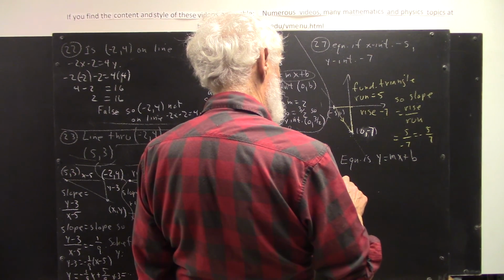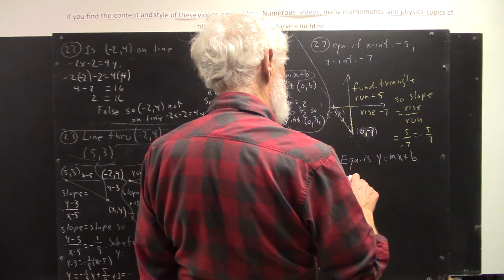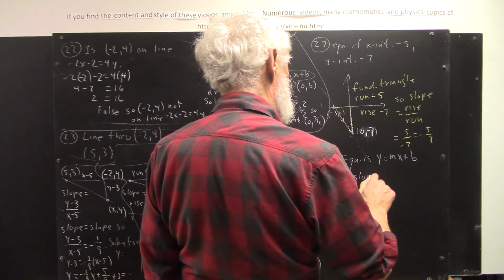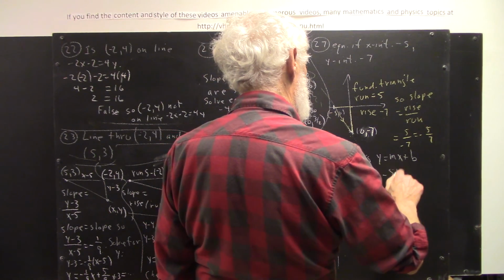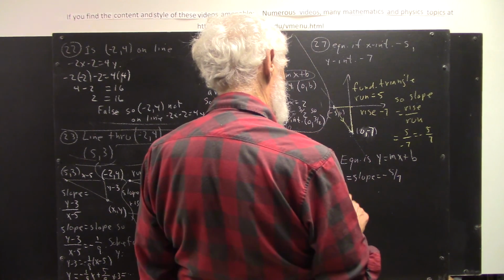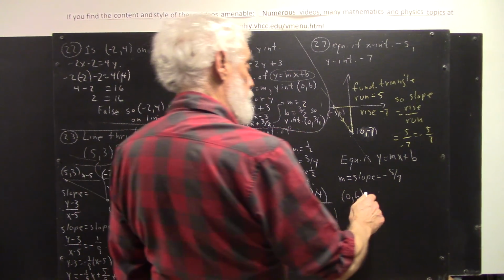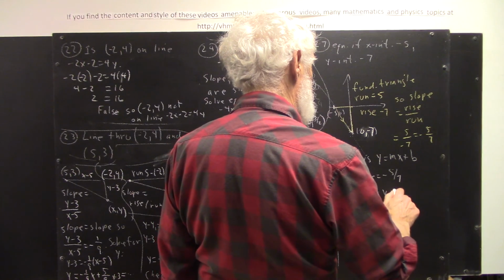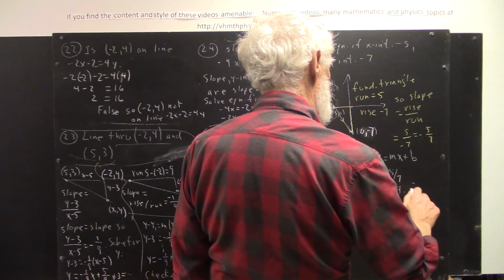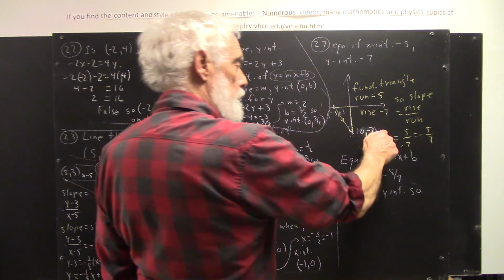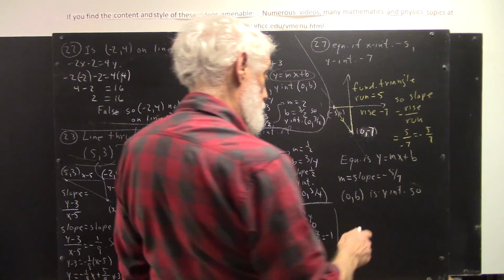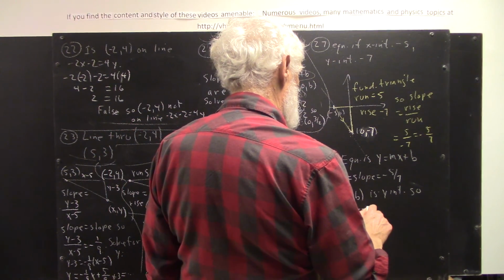In this case, m is the slope, and b is your y-intercept, or more specifically, (0, b) is your y-intercept. Well, we have (0, -7). That's the y-intercept. So b equals -7.